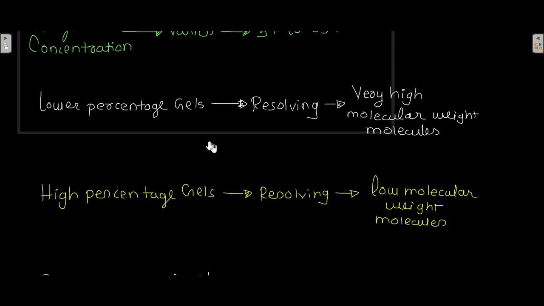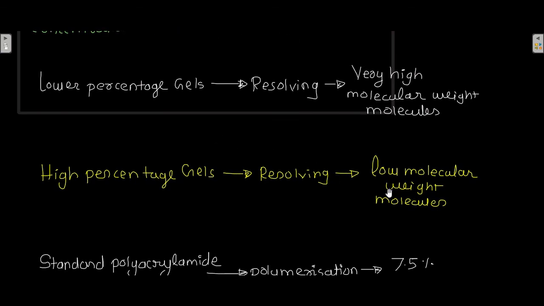And if you want to resolve those molecules which have low molecular weight, then you will use a high percentage gel. So low percentage gel for high molecular weight molecules and high percentage gel for low molecular weight molecules. That is how it is.